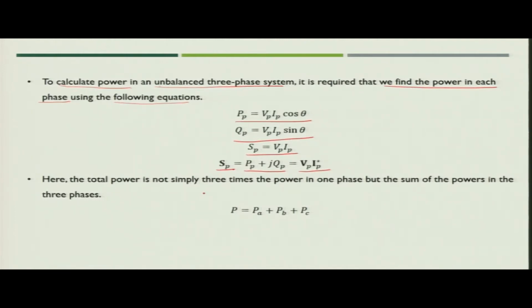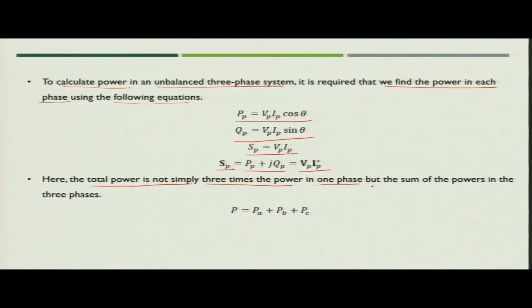Here, since the system is unbalanced, the total power is not simply 3 times the power in one phase. So, we cannot say that the total power P will be 3 times Pp or 3 times Qp, if we are considering real and reactive power of the complete 3 phase system.